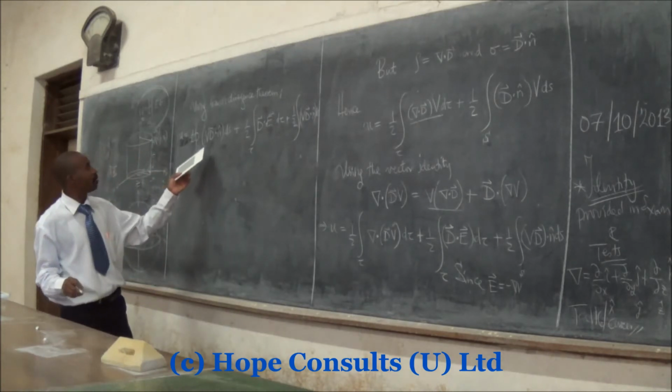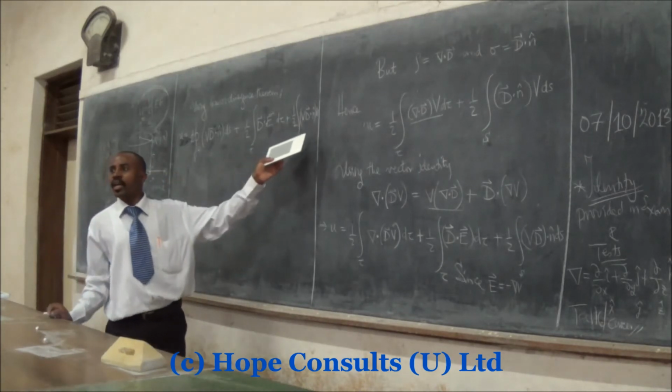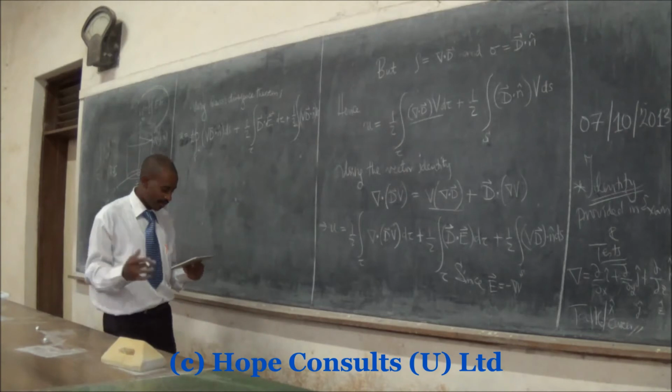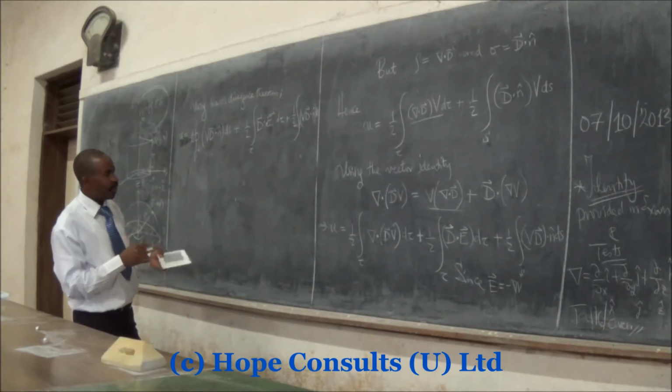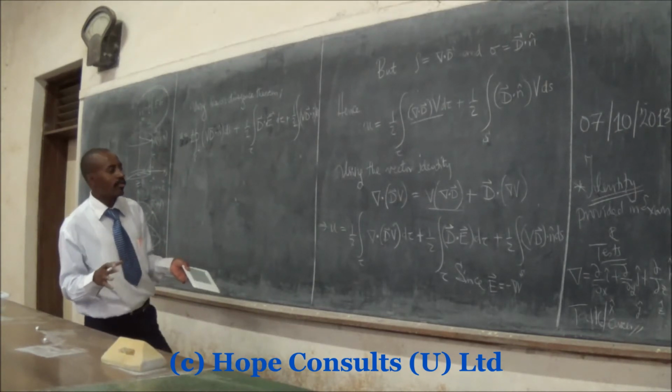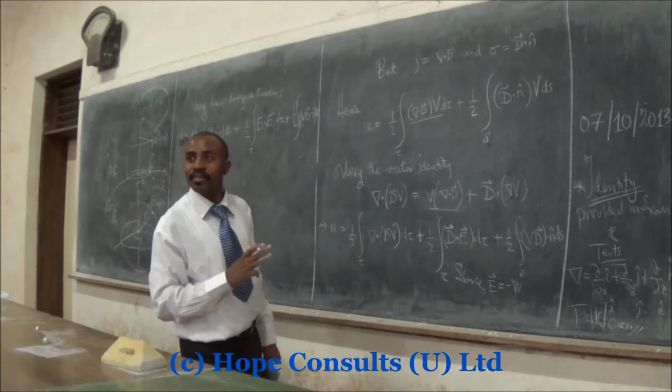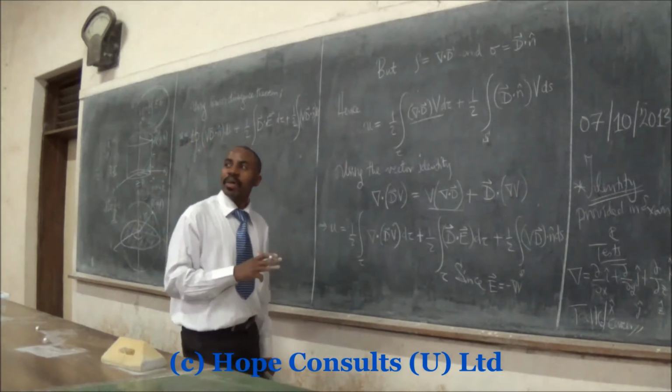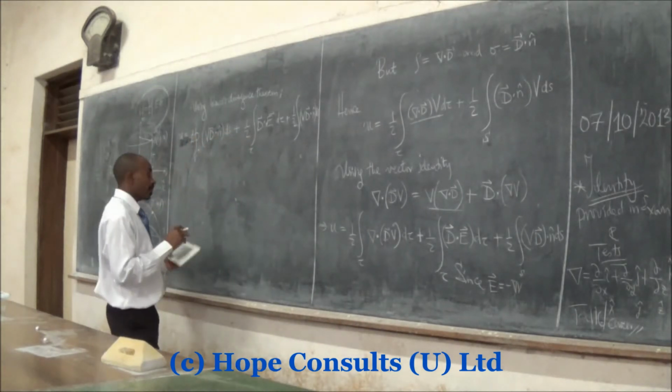We have now two things which are similar, half-half. But we don't need to bother about them. We could have added them and we get one of them. Okay?